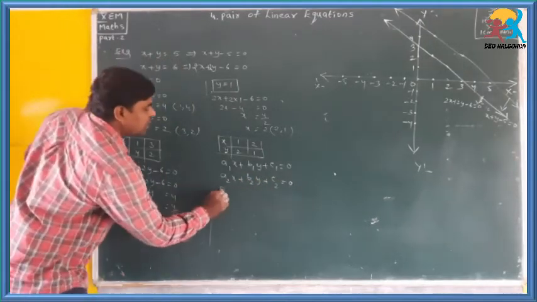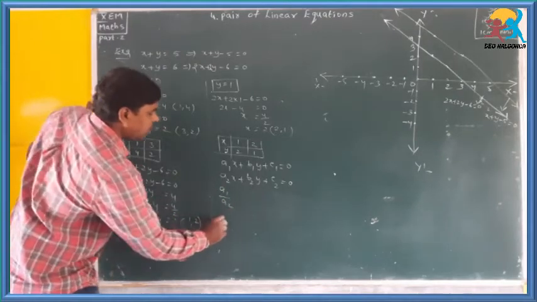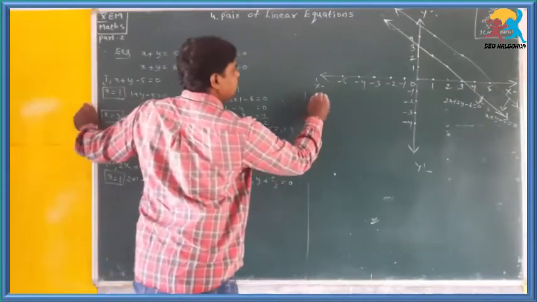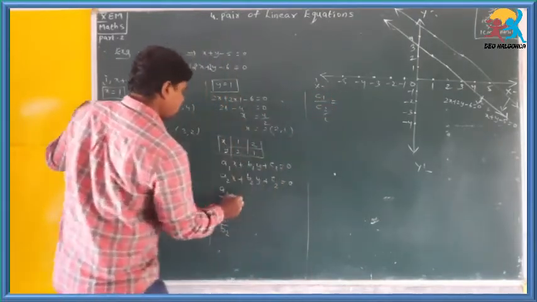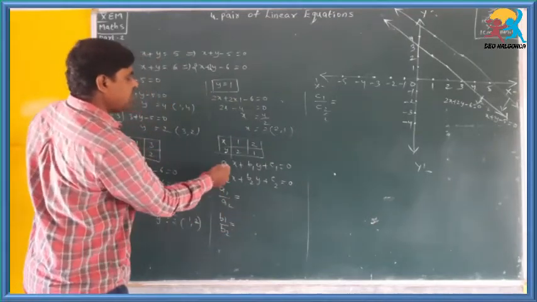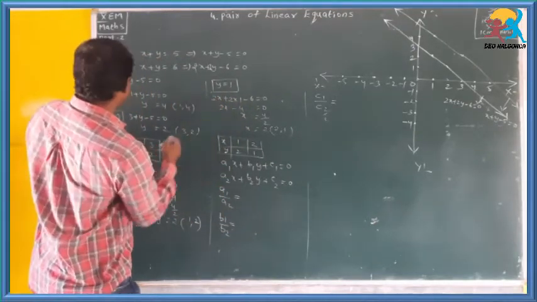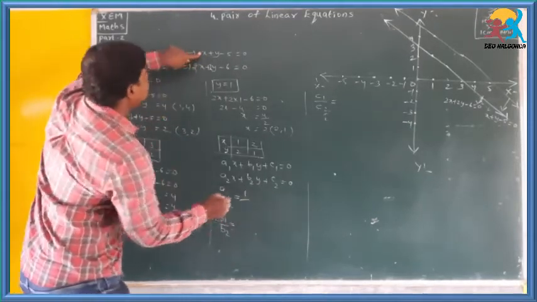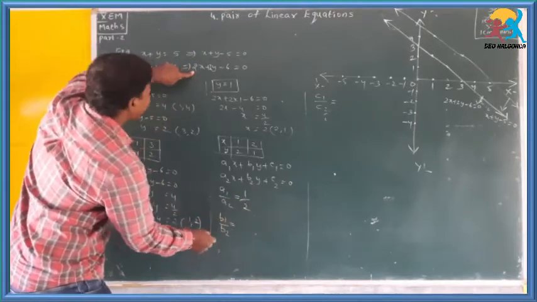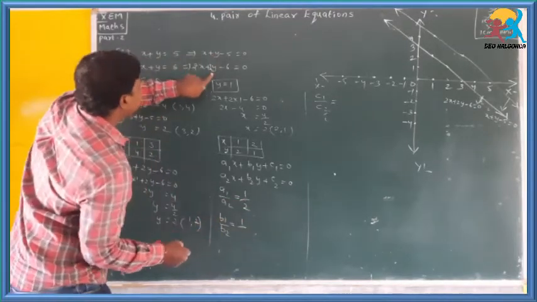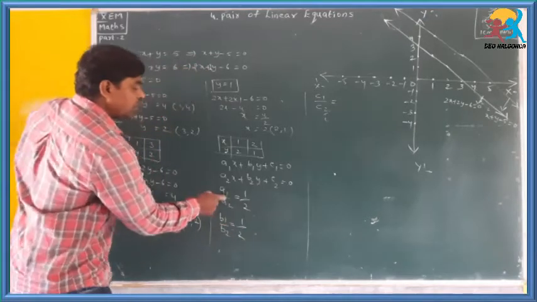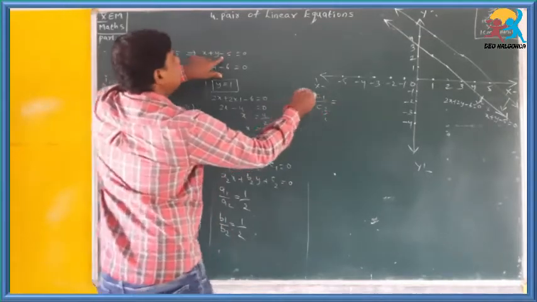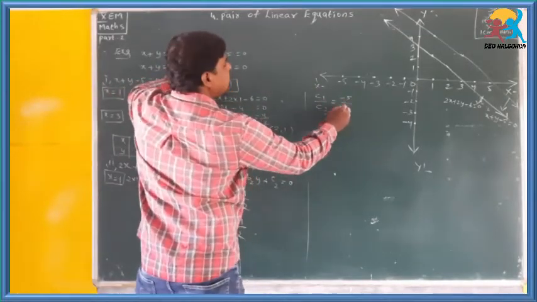Here also find a1 by a2 and b1 by b2 and then c1 by c2. a1 is the coefficient of x, that is 1. So 1 by a2, a2 is 2, and b1 by b2 is 1 by 2. Both are equal. So if a1 by a2 and b1 by b2 are equal, then we have to find c1 by c2. c1 is minus 5 and c2 is minus 6.